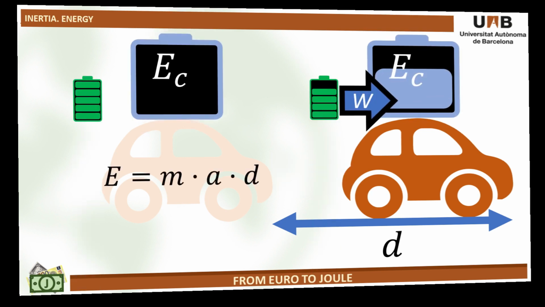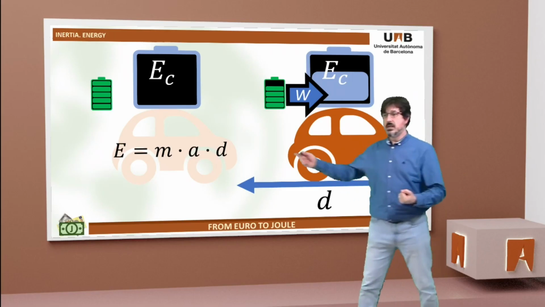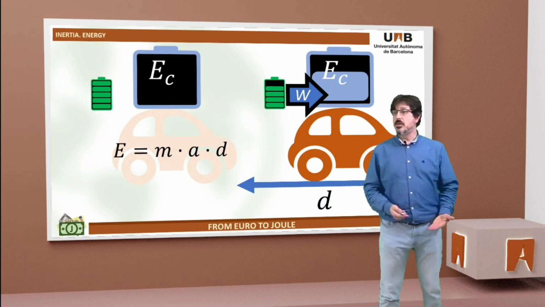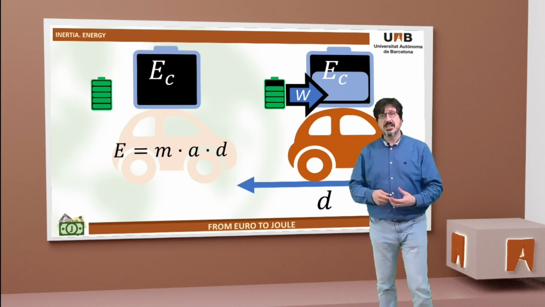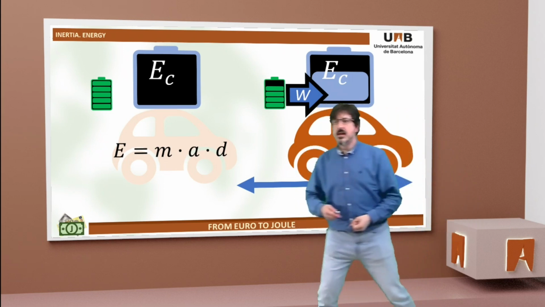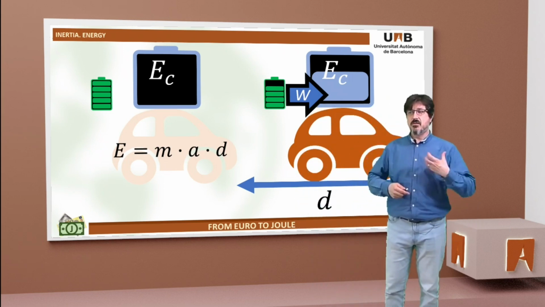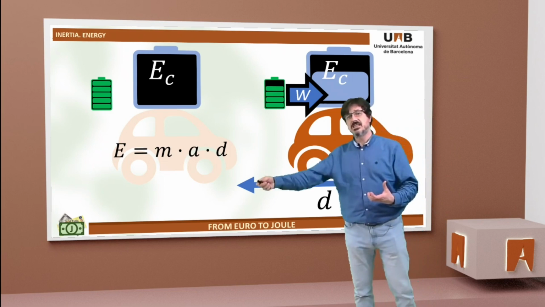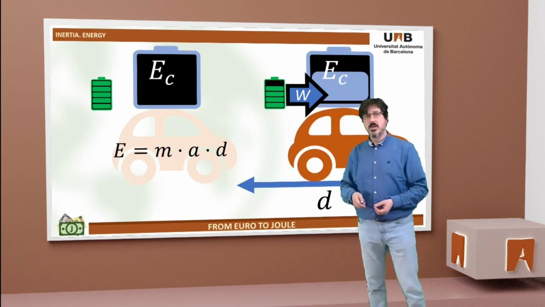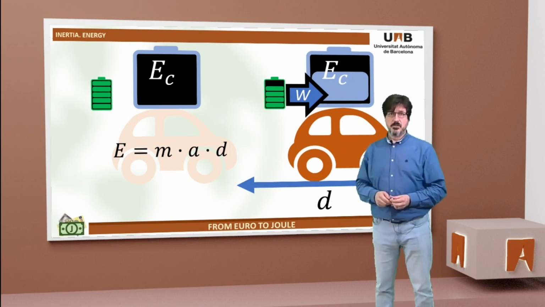If we substitute the value of the force given by Newton's law in this expression, I will get the work, which at the end is the total energy. That is, the energy that I need for a vehicle to start moving is the multiplication of mass, acceleration, and the distance over which this acceleration is being imposed.